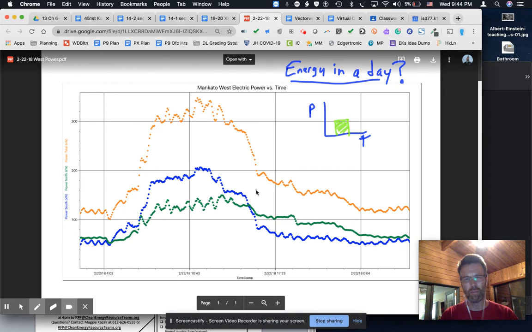But I'm going to leave you with that. Can you try to come up with the total amount of energy that this particular day saw used? Here's a hint. The units you end up in should be kilowatt hours. So I'm looking for you to come up with a rough estimate from this data of how many kilowatt hours of energy in this day.